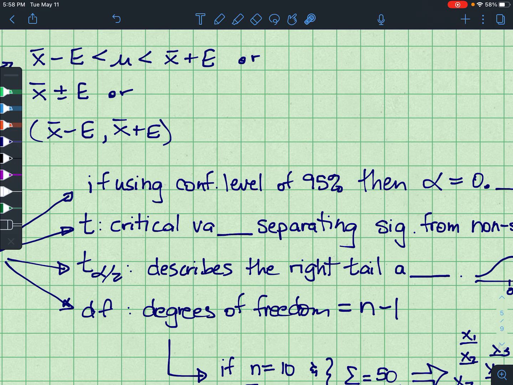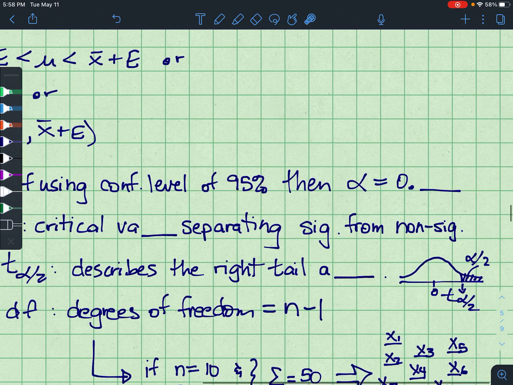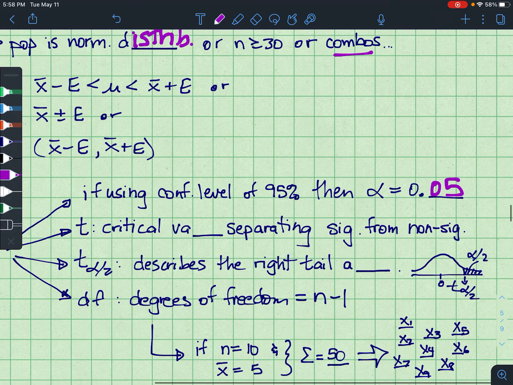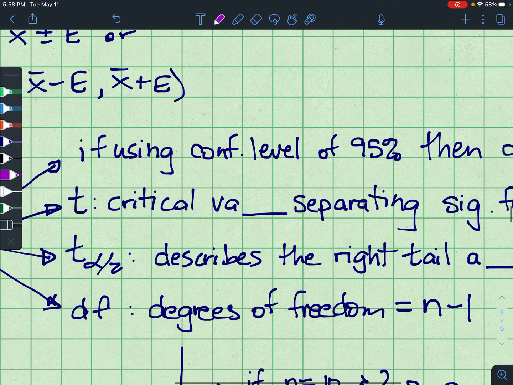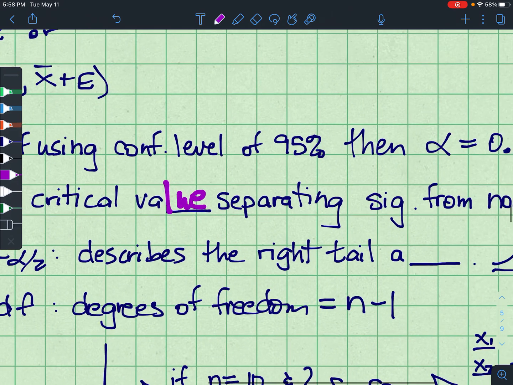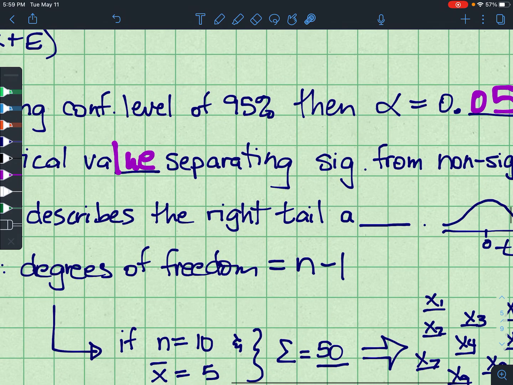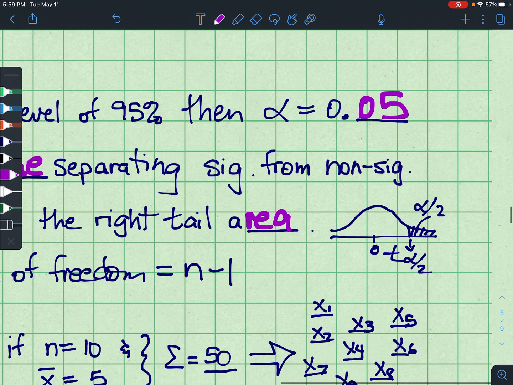Depending on what confidence level you're at, that is going to determine your alpha. Again, t represents the critical value that separates the significant from the non-significant in our distribution. And t sub alpha divided by 2 describes the right tail area, so that would be this little area right here.